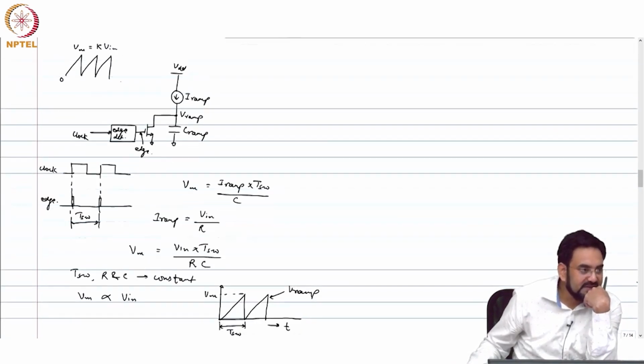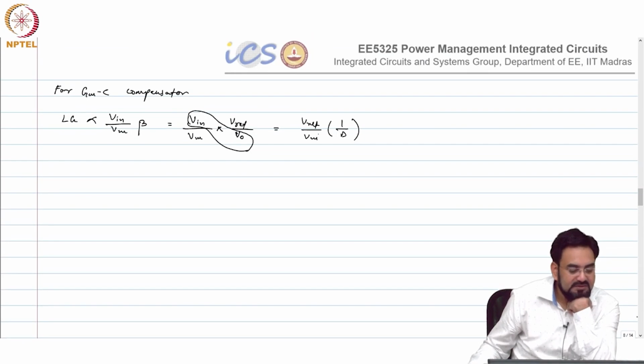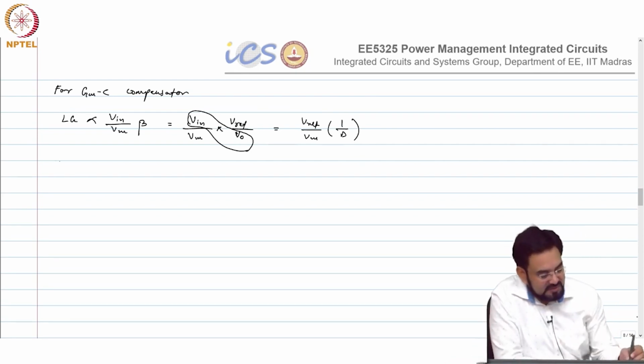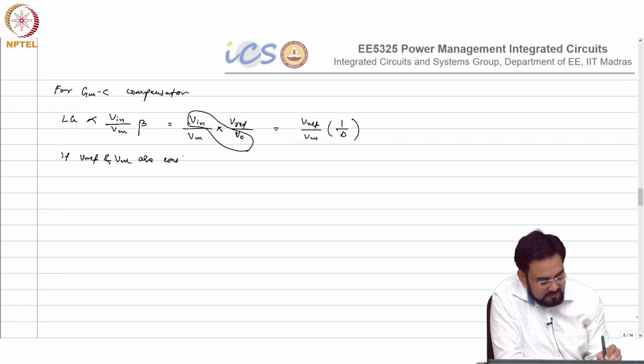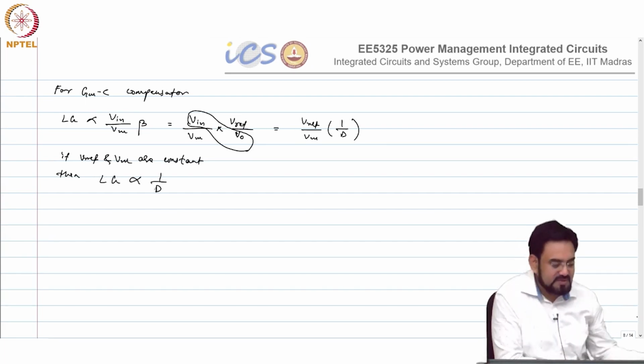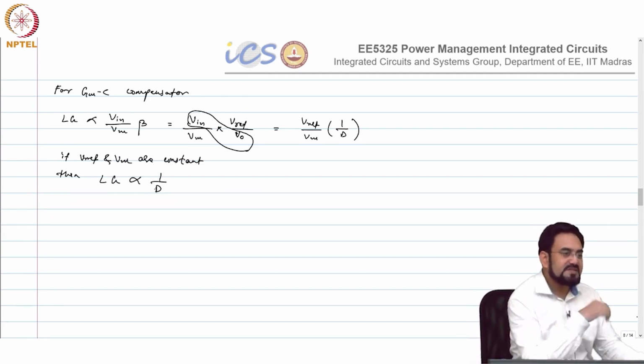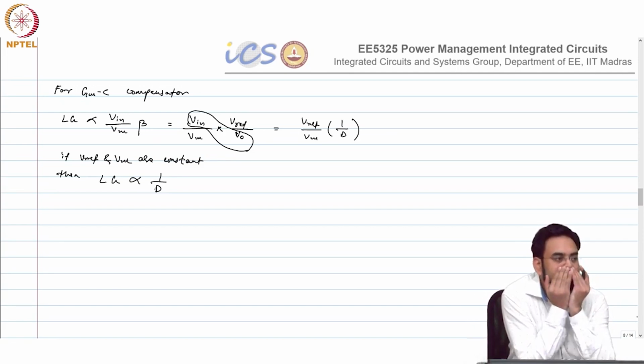If I make it a function of V in, so here I know Vref is constant, and if I make Vm also constant, I have to make my loop gain a function of 1 over D. So assume Vref and Vm are constant, then LG is inversely proportional to duty cycle, which means at high duty cycle it reduces. So I have to increase it in order to compensate.